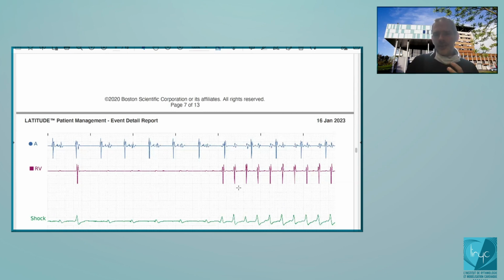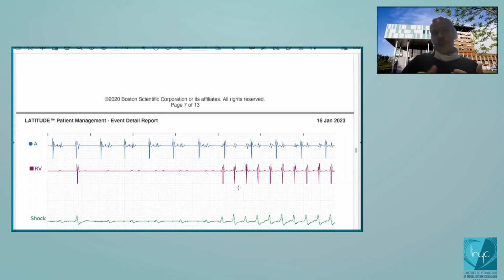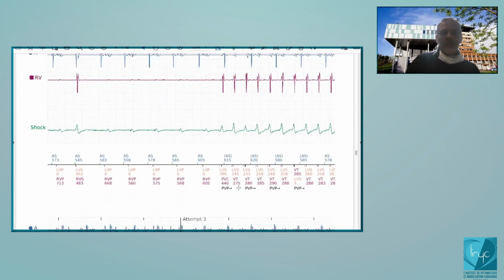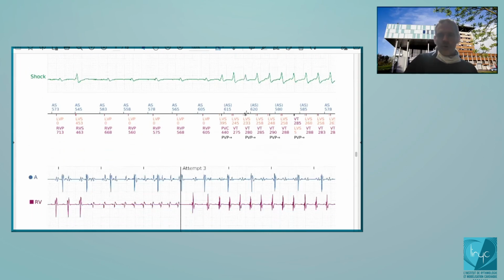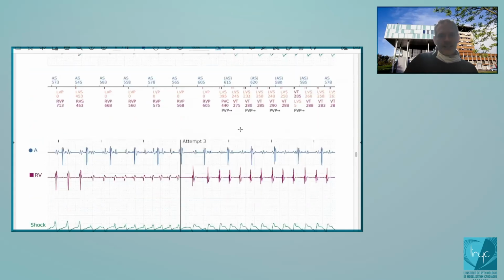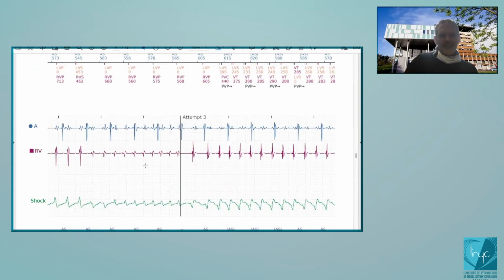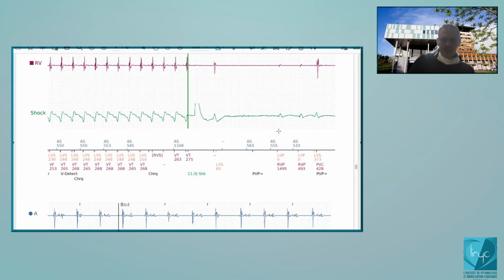Is it clear for you? You understand? No verification of the end of the episode, and therefore this episode should not be treated with a shock. Probably you would like to restart with all the ATP before delivering the shock, but since it's the same episode, the last ramp that was programmed, and then the shock was delivered with efficient reduction.